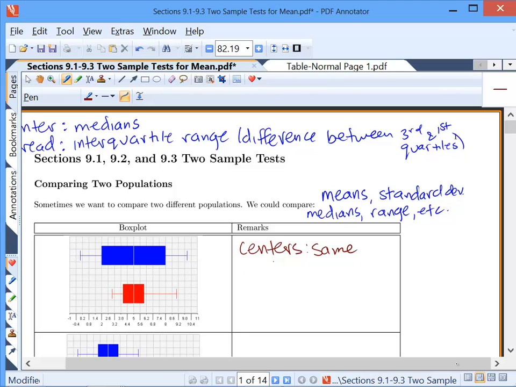The bottom one has much smaller spread. So it has a smaller interquartile range, it has a smaller standard deviation. Even though I can't tell exactly what the standard deviation is, I can tell that it would be smaller.